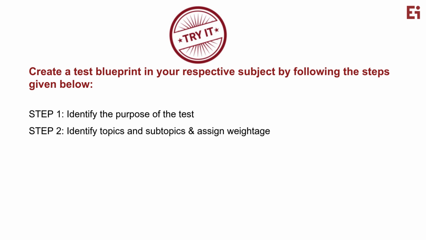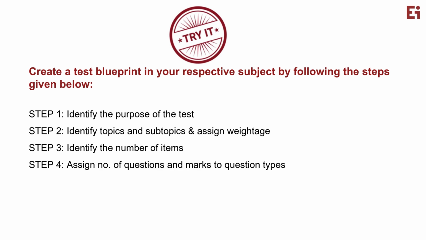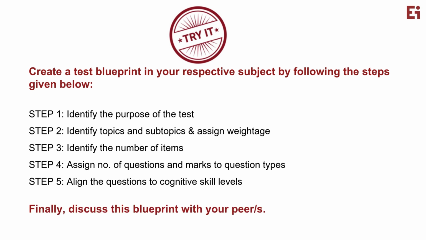Step 2. Identify topics and subtopics and assign weightage. Step 3. Identify the number of items. Step 4. Assign number of questions and marks to question types. Step 5. Align the questions to cognitive skill levels. Finally, discuss this blueprint with your peers.